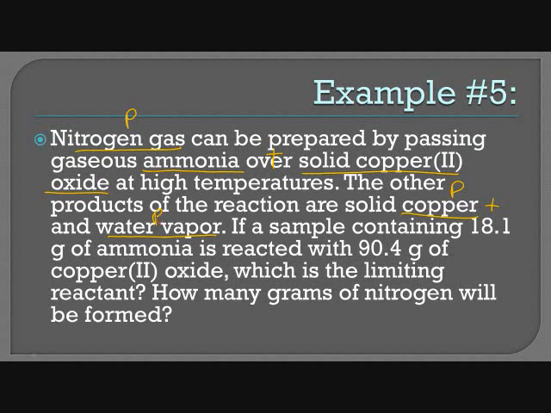All right, first thing to do, write our balanced equation. So we are reacting ammonia, which was just in our last picture, NH3, plus copper 2 oxide. Copper has a +2, oxide has a -2, so that's just CuO, to form nitrogen gas, copper metal, and water vapor.